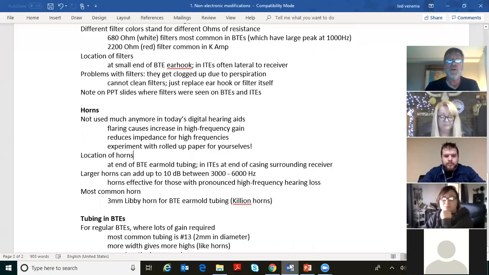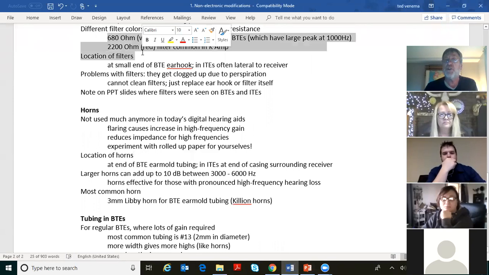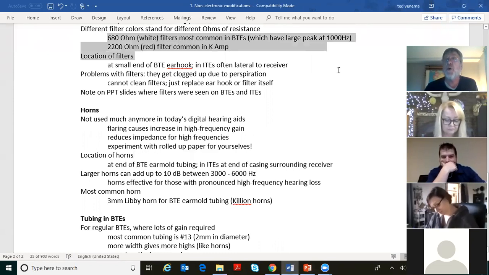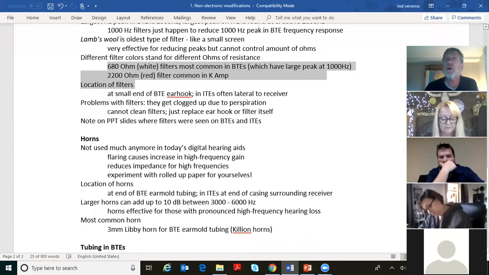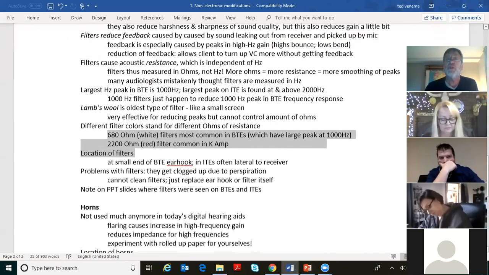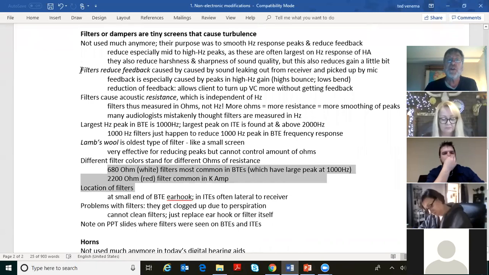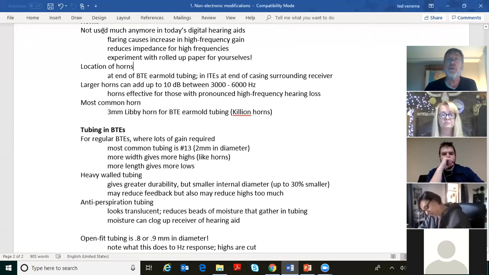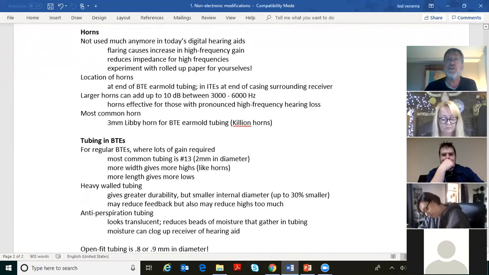Okay, horns not used much anymore. Don't worry about these numbers here on filters, because that's all yesterday's news. Okay, so don't concentrate so much on filters. Just know what they were used for. And today we've replaced filters with automatic digital feedback reduction. Horns, not used much anymore either in today's digital hearing aids.